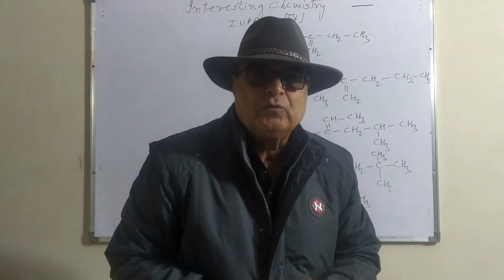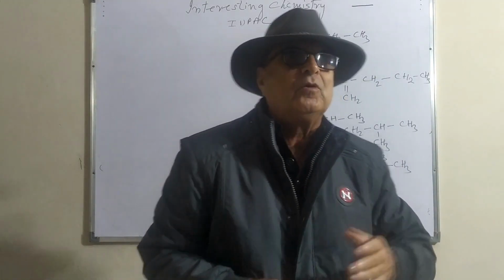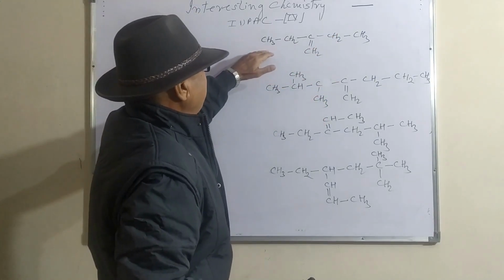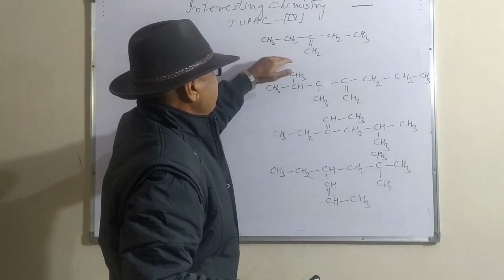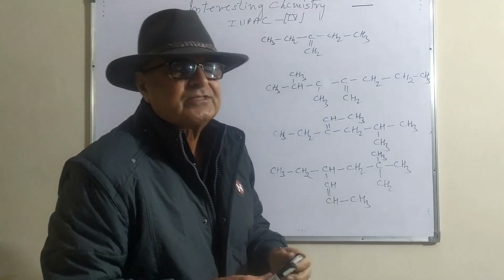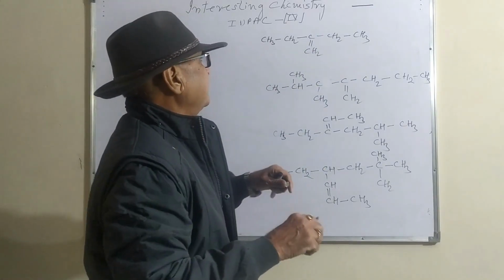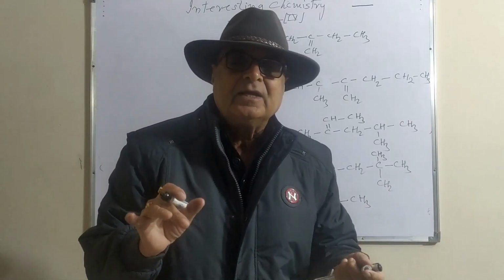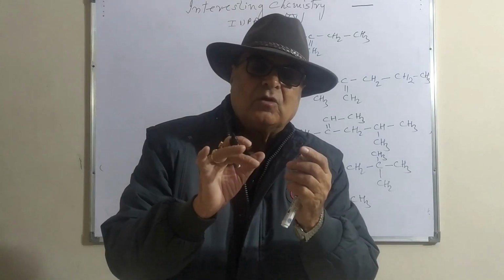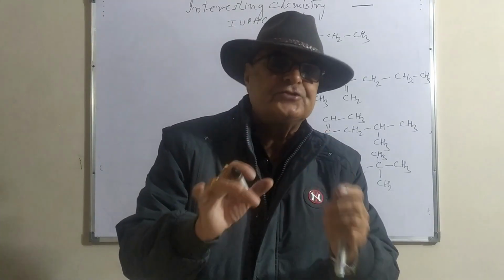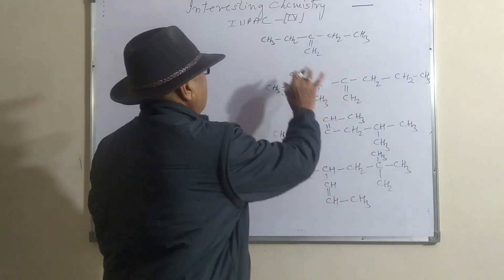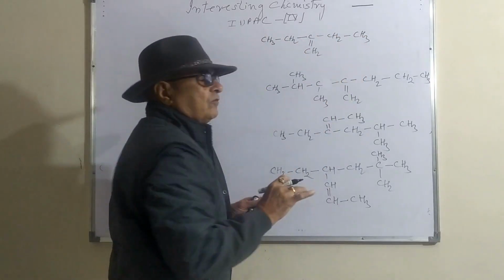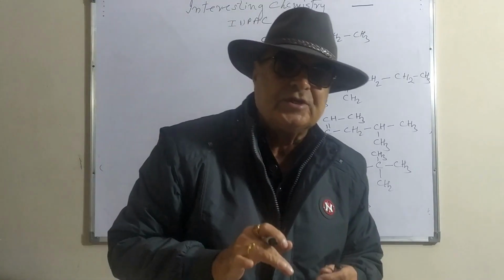Suppose you are given this structure to write the correct name of this compound. First of all, you should select the longest chain. Here you will find 1, 2, 3, 4, 5. There are 5 carbons in this chain.